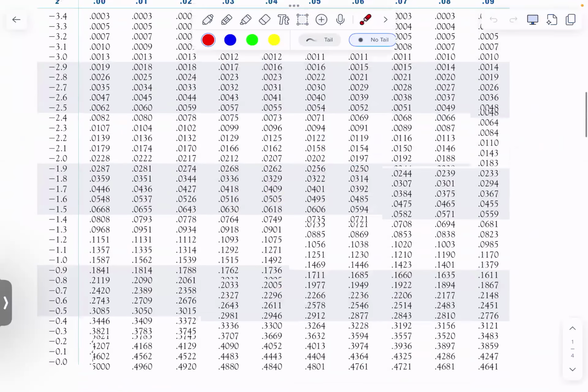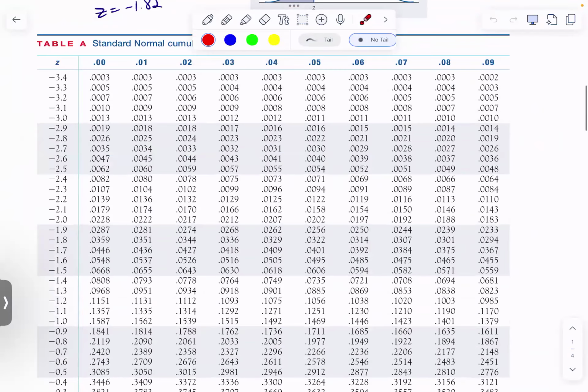So here I am. I know it feels like there's no rhyme or reason here, but as you start reading things, you have to read them from right to left and top to bottom. Kind of weird. And then they'll be increasing.